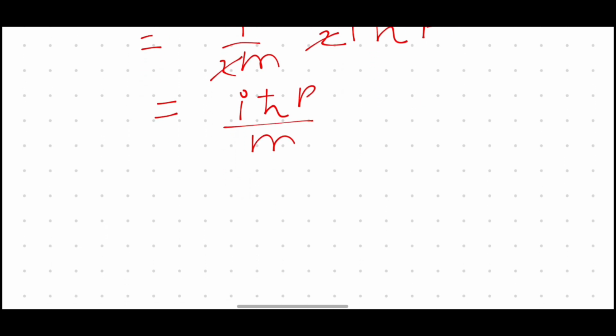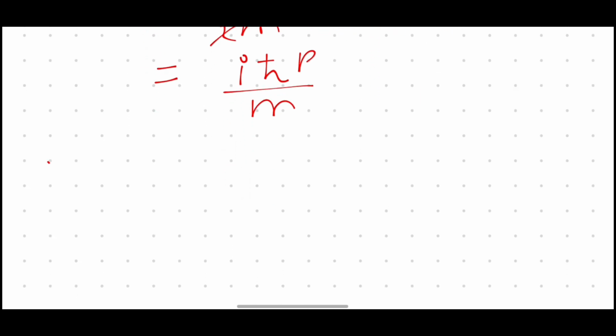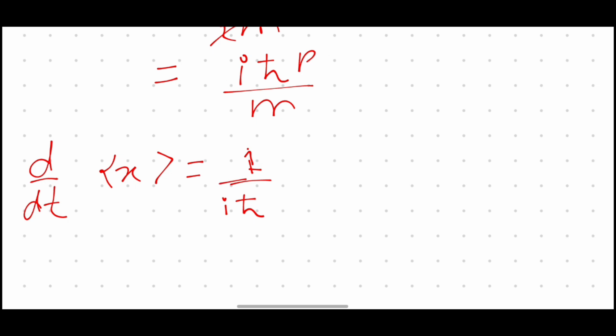Now, of course, we get back to the original equation that d by dt of the expectation value of the x operator is equal to, I'm sorry, not i upon h cut, 1 upon i h cut into, we got this value, right?